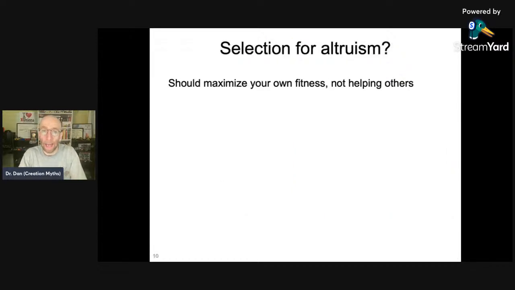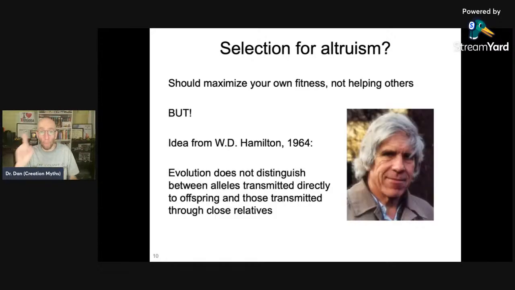So let's look at how this should work. Now, again, what we expect to be the case is you should maximize your own fitness rather than exhibit behaviors that help other individuals. But we have this groundbreaking idea from W.D. Hamilton from 1964. His idea was that evolution, selection, doesn't distinguish between the sources for alleles. You could have an allele that's transmitted directly from one individual to their offspring.